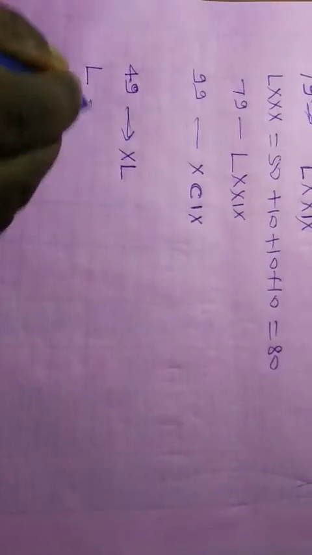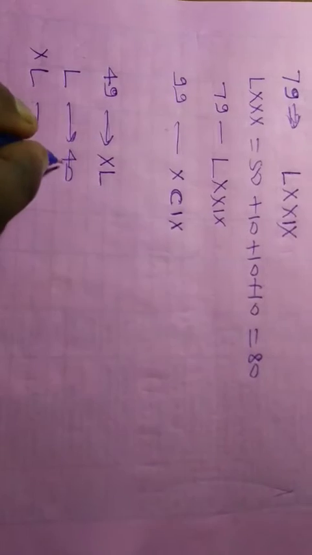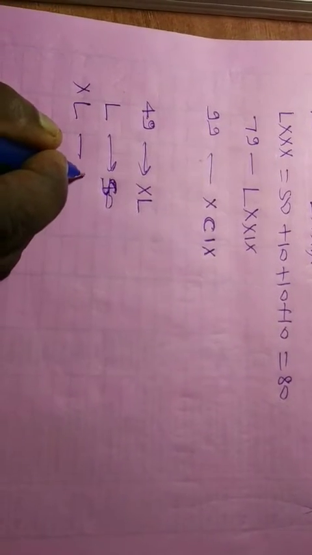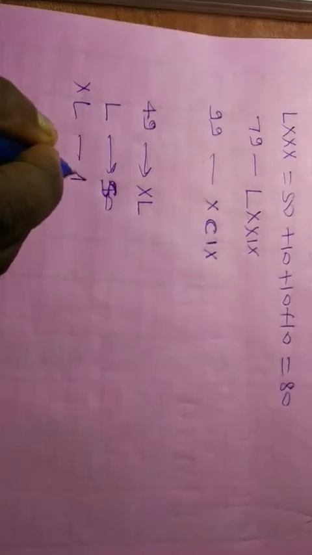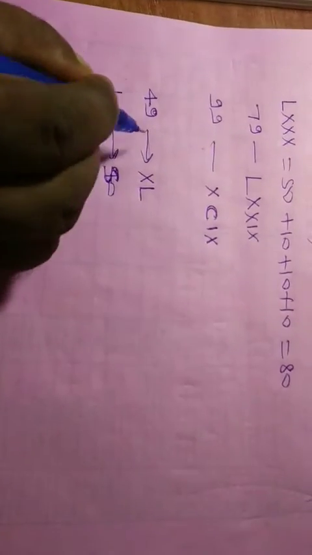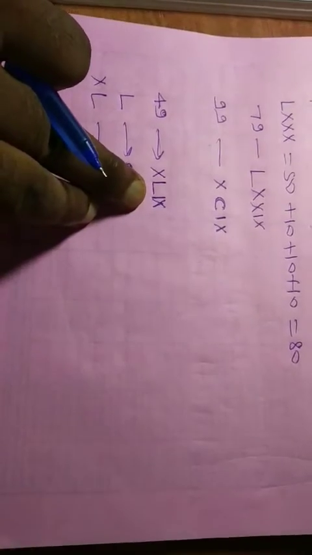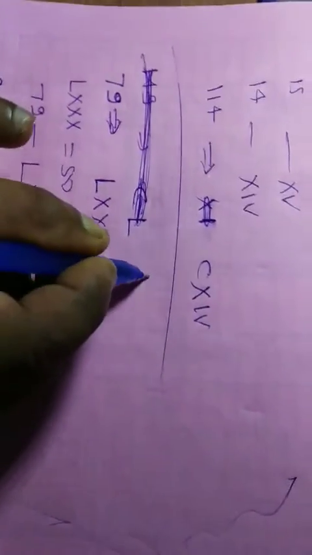XL means 50 minus 10, 40. So if we want to write 49, XLIX.